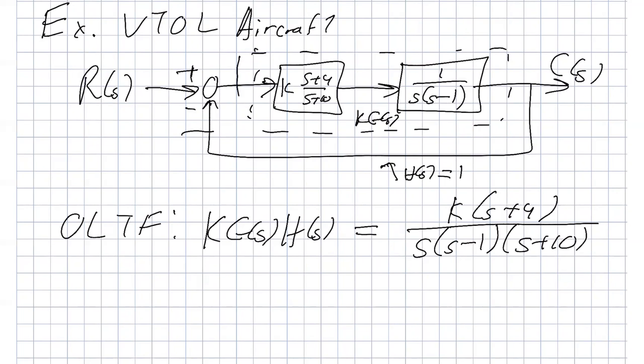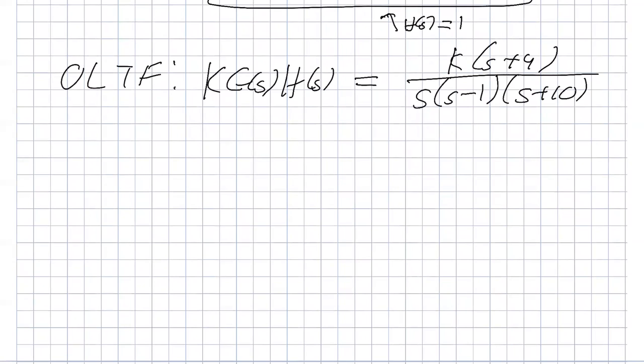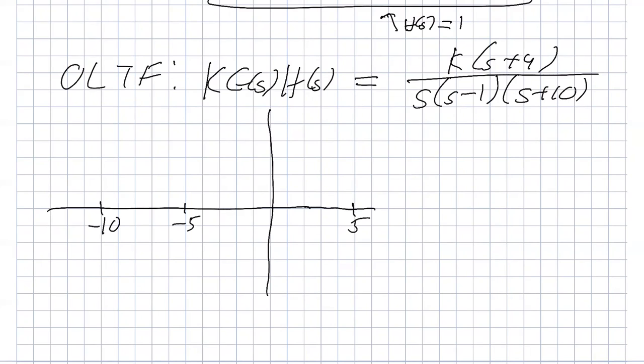Okay, so let's go ahead and sketch this. So we have the real axis marked from minus 10 up to 7 and the imaginary axis marked from minus 5 to 5.